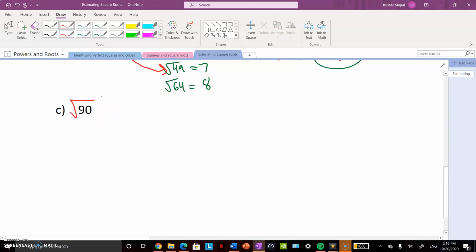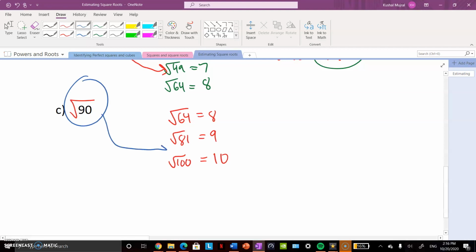So, square root of 90. So we know that the square root of 64 is 8, the square root of 81 is 9, the square root of 100 is 10. So this comes somewhere between 9 and 10. Let's try 9.5.